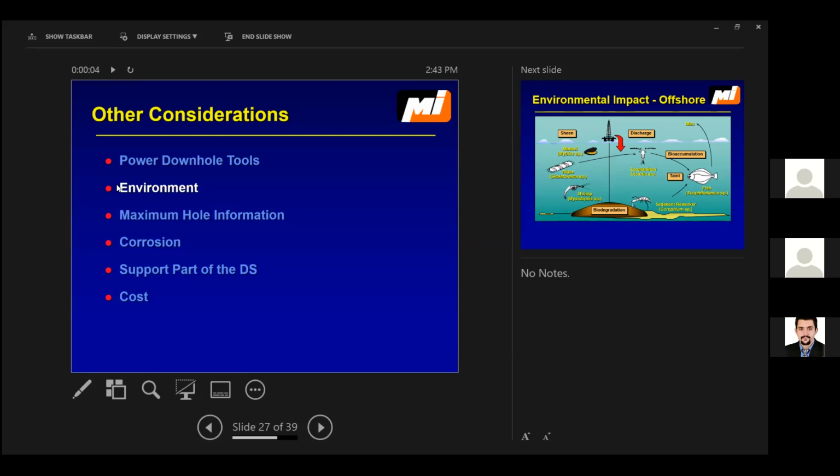Also, when you are working onshore, you should dispose the waste materials in an appropriate way to preserve the aquifers, the water wells, and the life of every living human and animal.